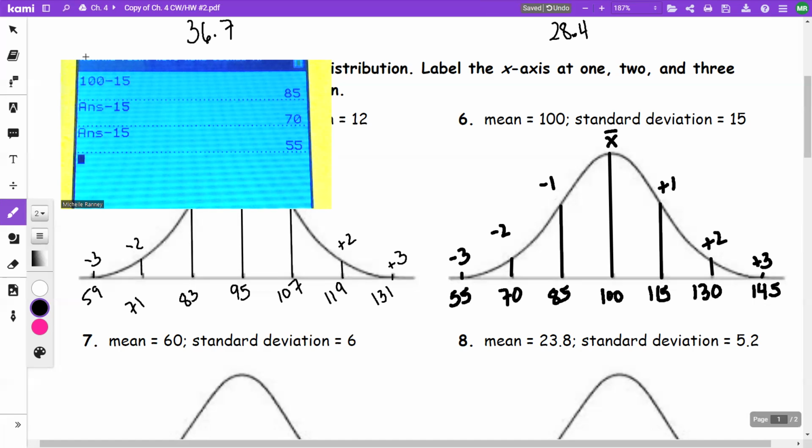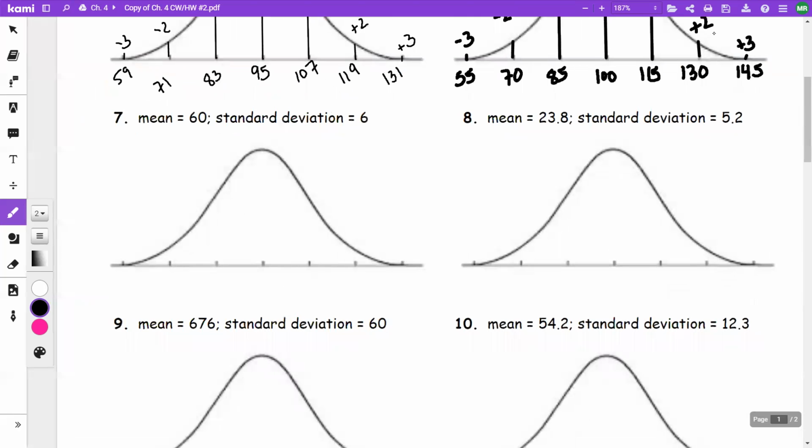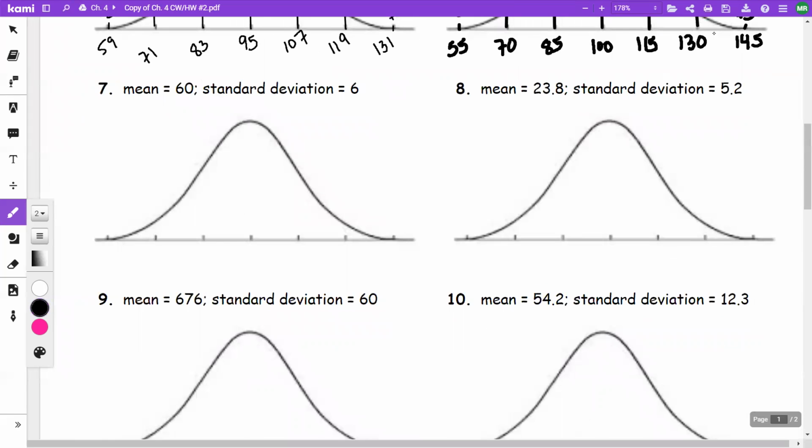On the next one, similar idea. So let me draw my mean, +1, +2, +3, -1, -2, -3.